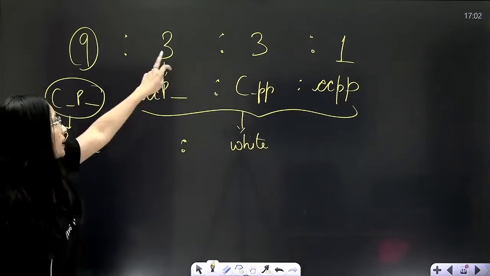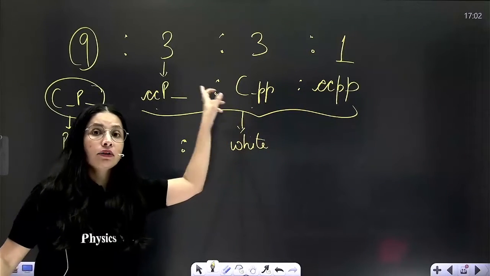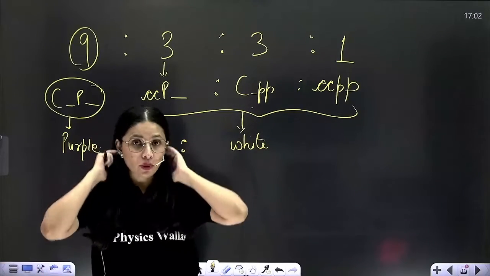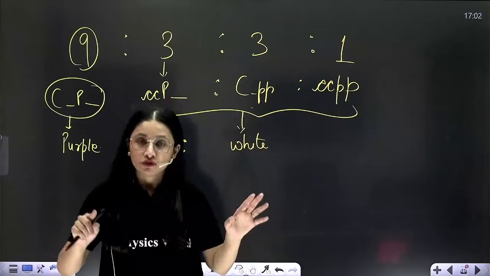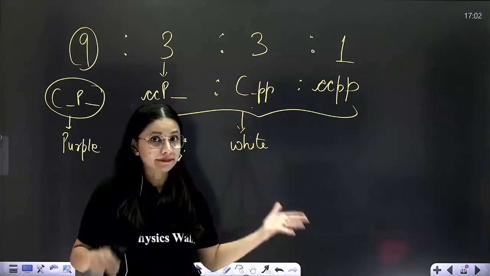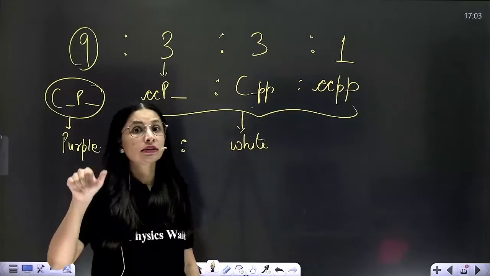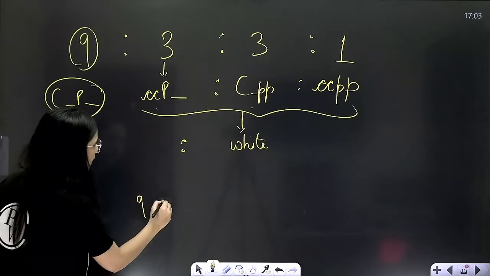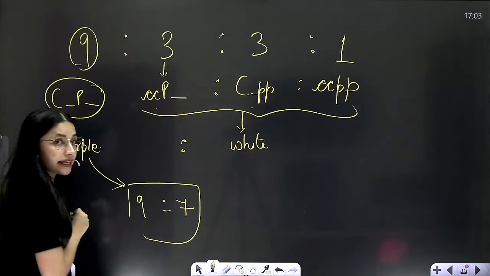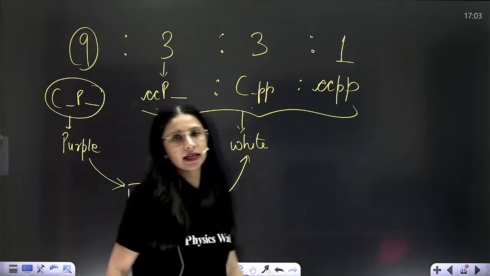Because you see, in case of this second and last, both the genes are not dominant, and you know, if both the genes are not dominant, flower color will not come purple, or rather it will remain white. So instead of getting 9:3:3:1 ratio, the ratio will change into 9:7, where 9 will be purple type and 7 combinations will be white type.